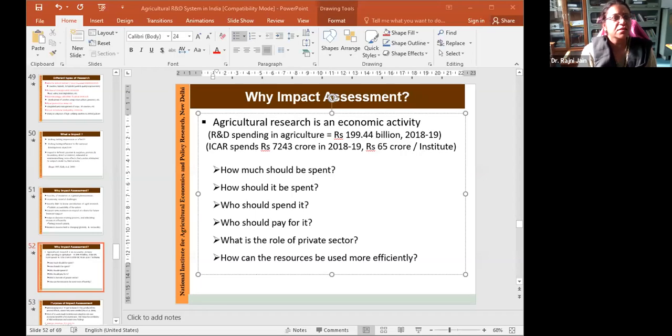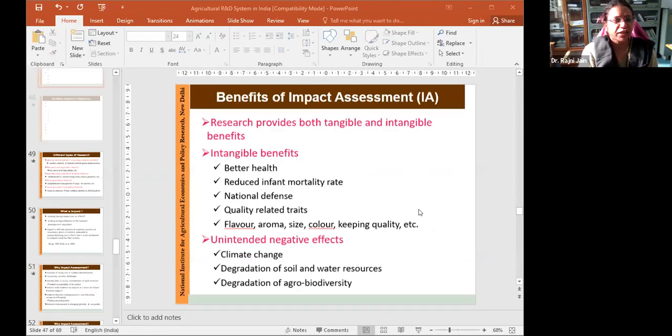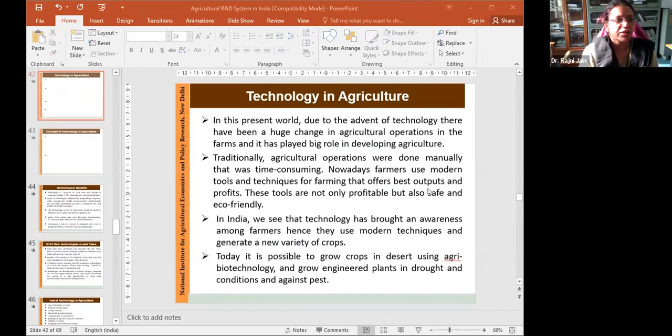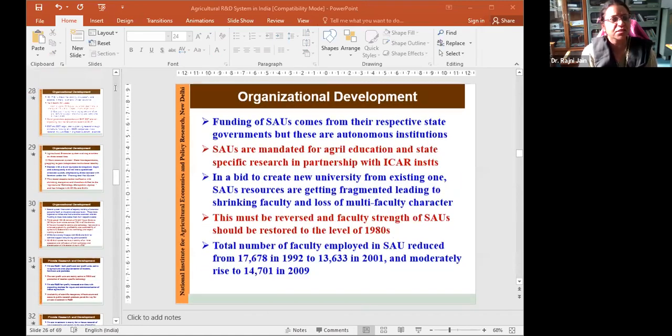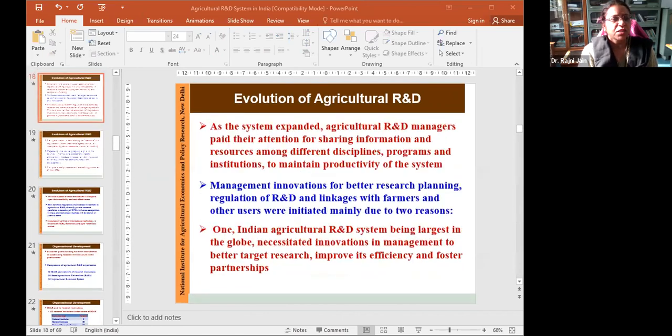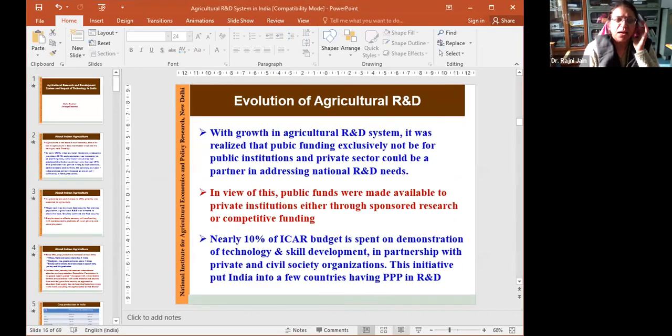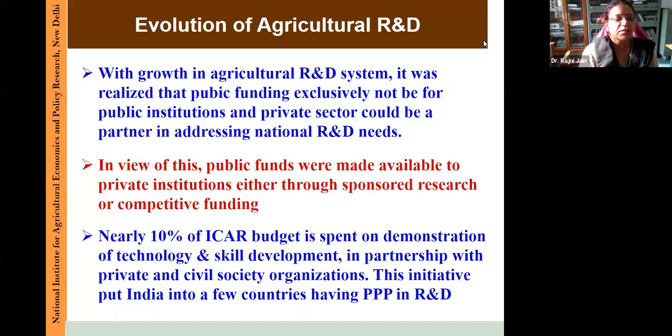Now we have our next speaker, Dr. Sant Kumar ji, with us. He is very senior faculty from our institute, National Institute of Agriculture Economics and Policy Research. He is working on agriculture R&D and has done a lot of work in this. He is a principal scientist here.